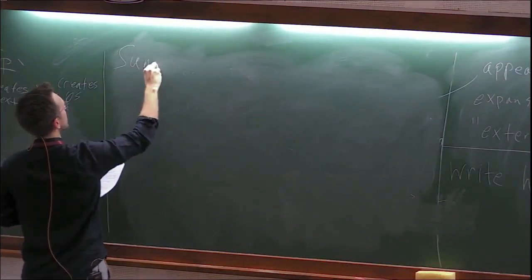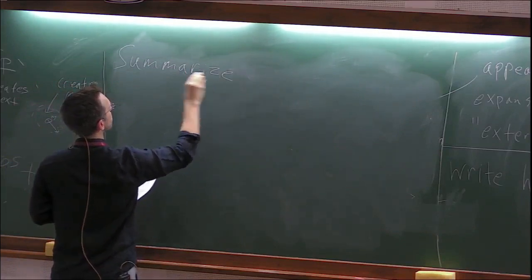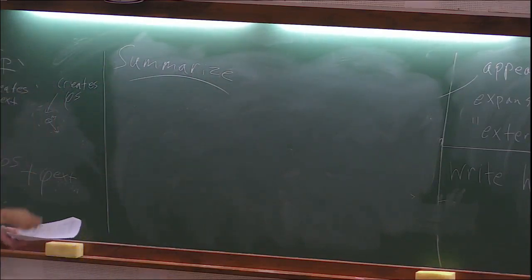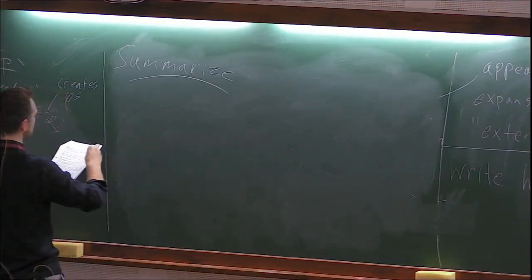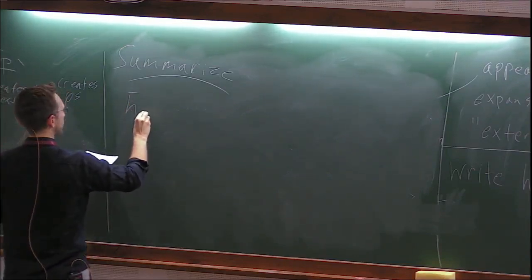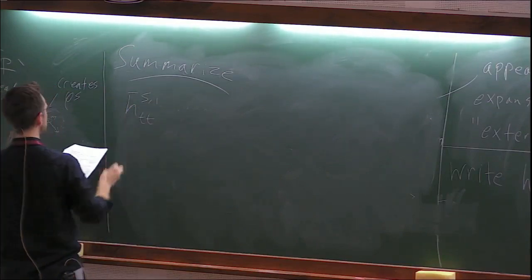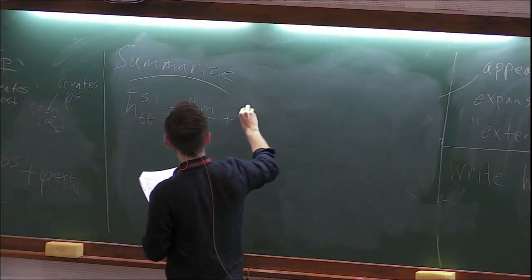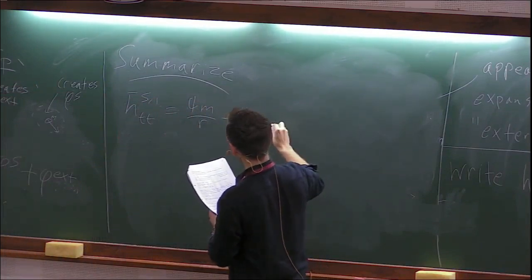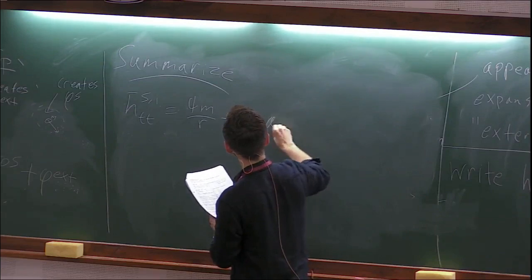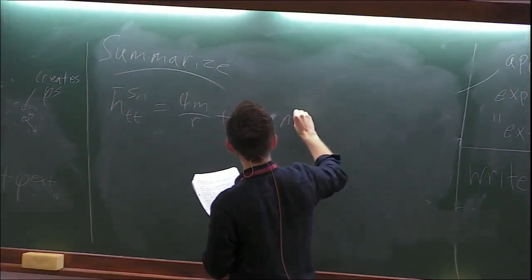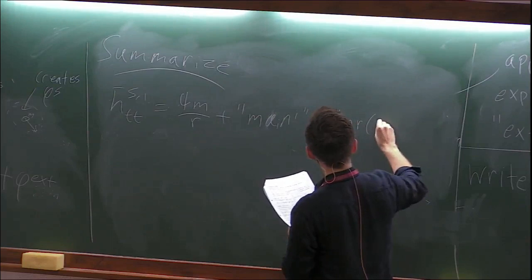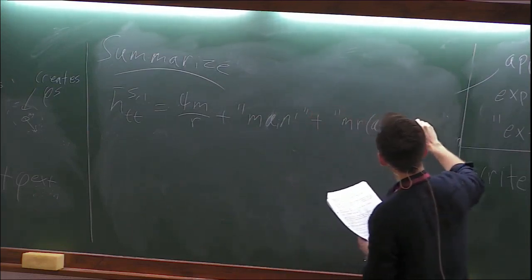Okay, so let me summarize what we get out of matched asymptotic expansions. So if we follow this algorithm, order by order, in R, and then from n equals 1 to n equals 2, we get that HS1, the TT component, is 4m over R, plus things that are like m times A, the acceleration, plus things that are like m times R times products of A and Riemann terms.